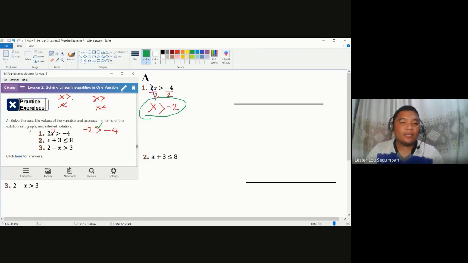So if we substitute 0 here, 2 times 0 is 0, and the other side is negative 4. It's easier to look at than this, because some of us will also get confused if we have this expression. But with this expression, 0 greater than negative 4, that is correct, and that proves further that this is correct. This is acceptable.